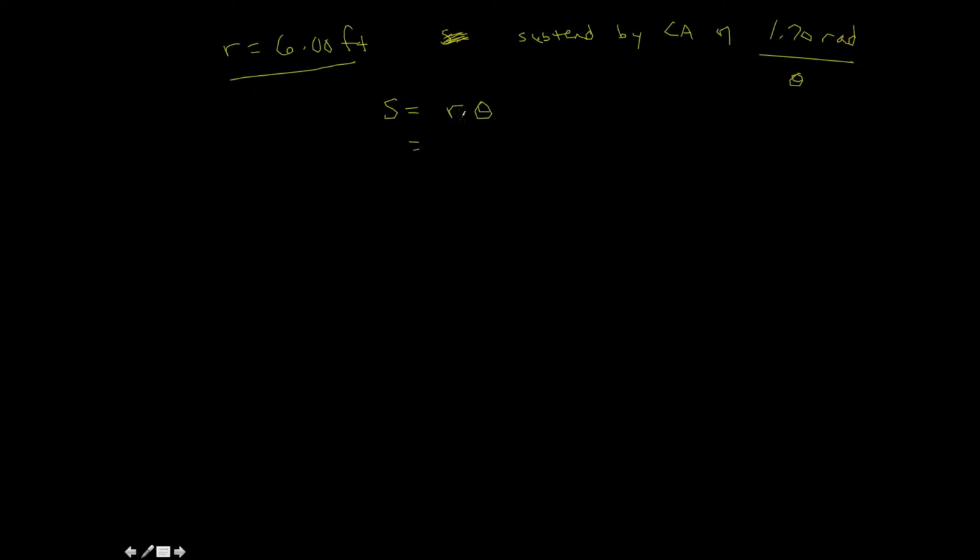So very easily we can say 6.00 times 1.7, and this would give us our arc length. Get your trusty calculator out, one of the few times you'll hear me say that.